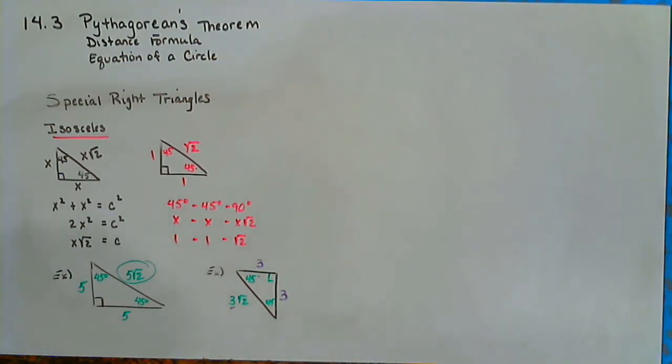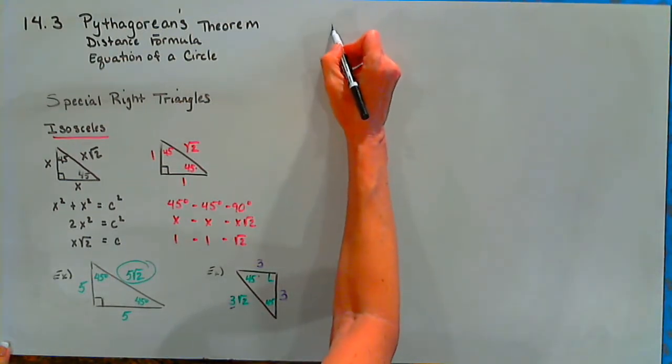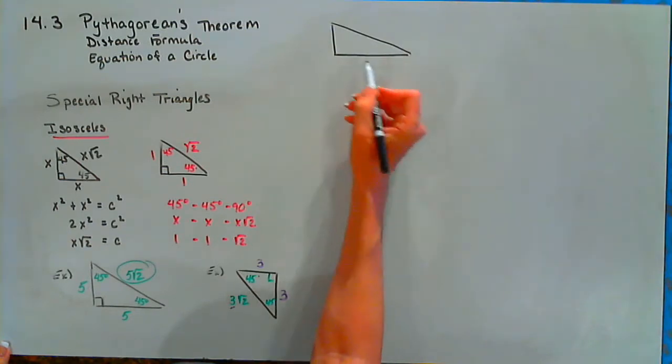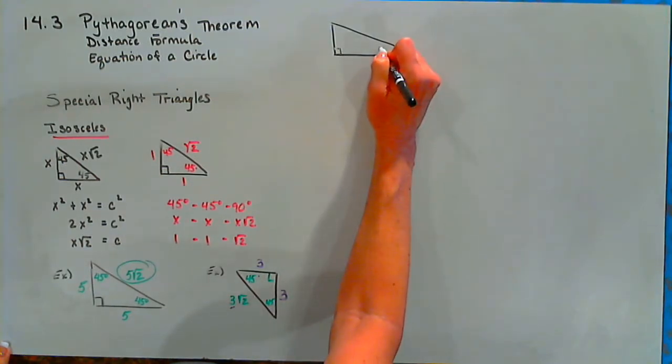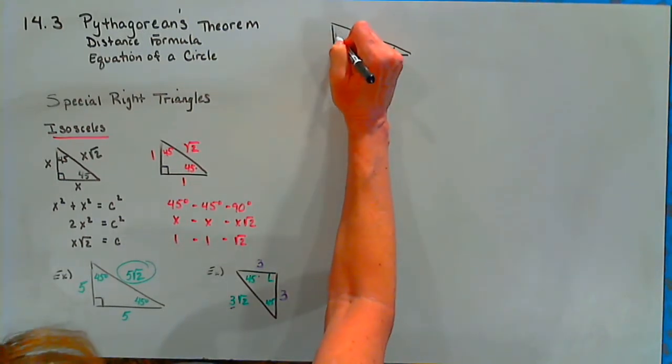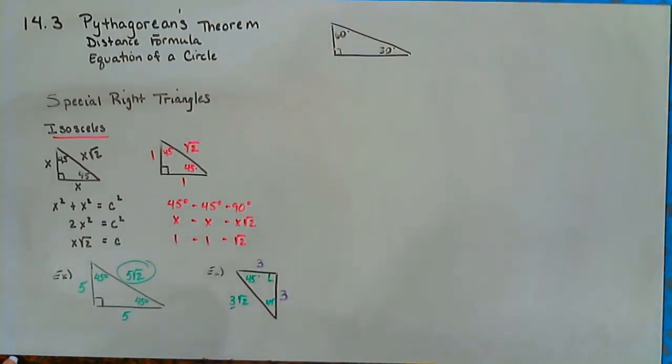But we have a second special triangle. The first one's isosceles, 45, 45, 90. The other special triangle is a 30, 60, 90. Oh, my pen's a little thick. Sorry about that. That's 30 degrees, 60 degrees.